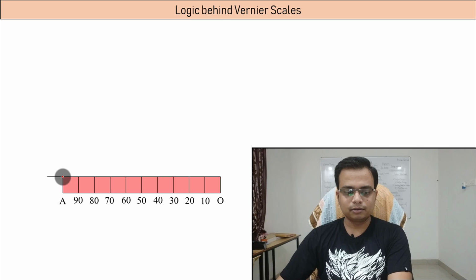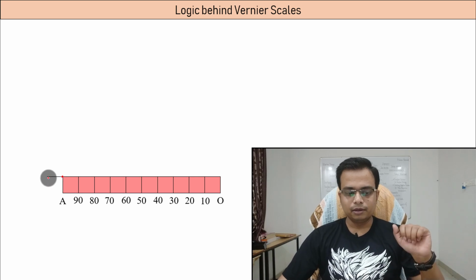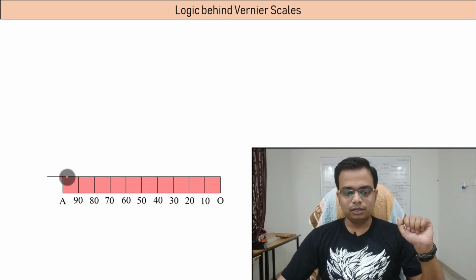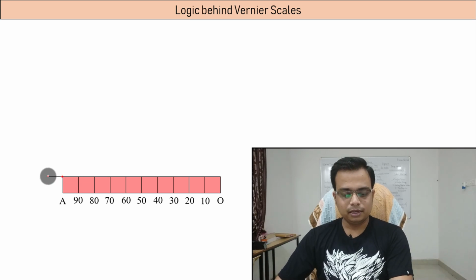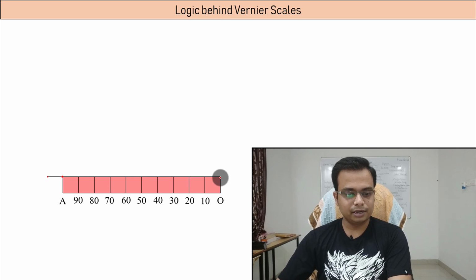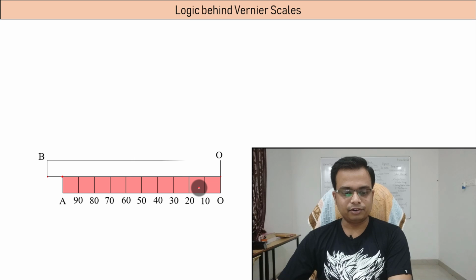I've just drawn a line, produced a line from this point over here. Now the length of this line is equal to the length of one division, that is 10 millimeters. Fine. Let me produce a line in the upward direction from this point and from this point, and let me finish this.